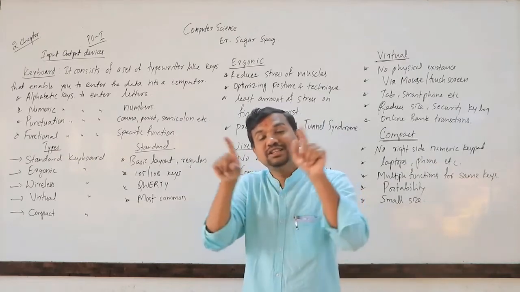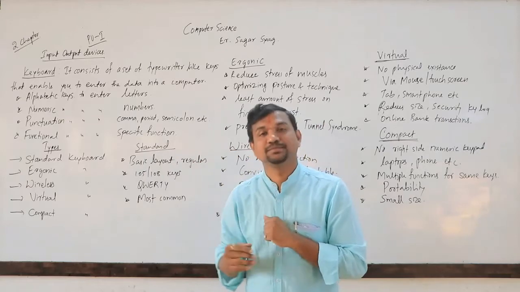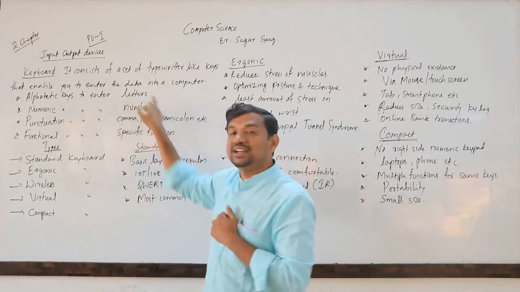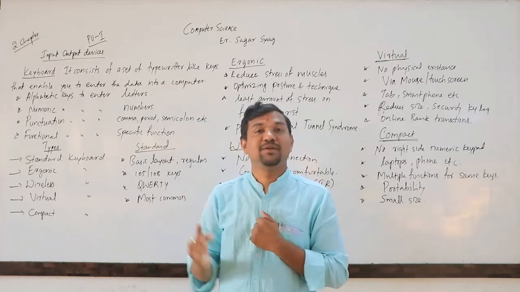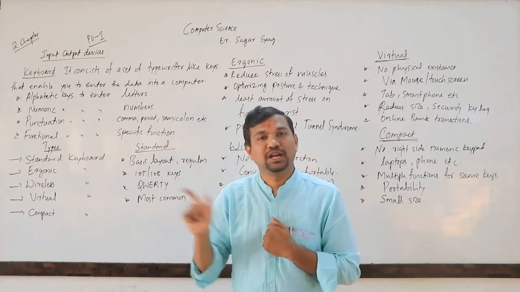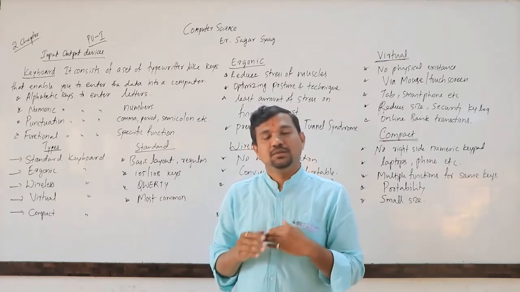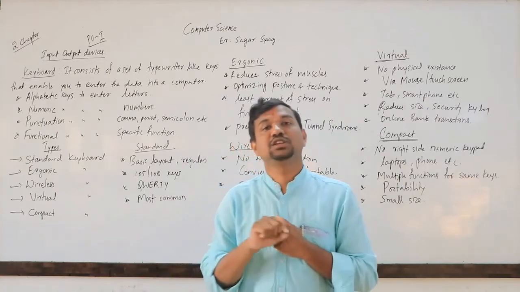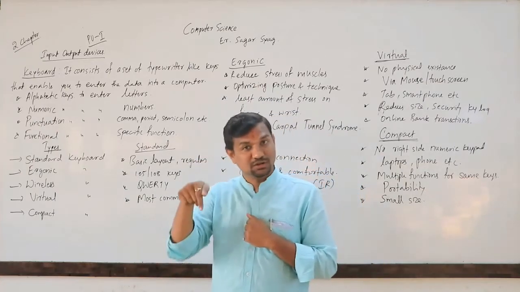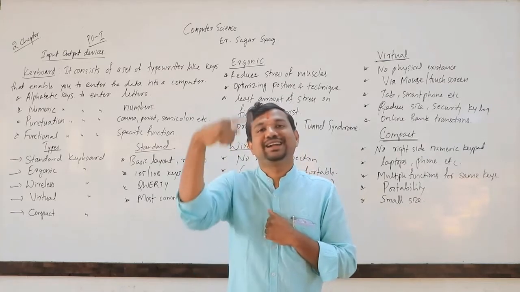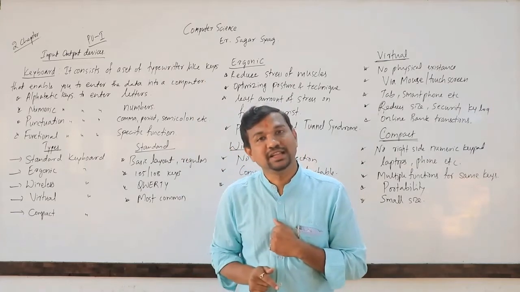Now let us see what this keyboard comprises. Alphabetic keys to enter letters. There are alphabetic keys A to Z, called alphabetic keys because alphabets are present on them. If we press any key, that alphabet will be printed on the monitor.